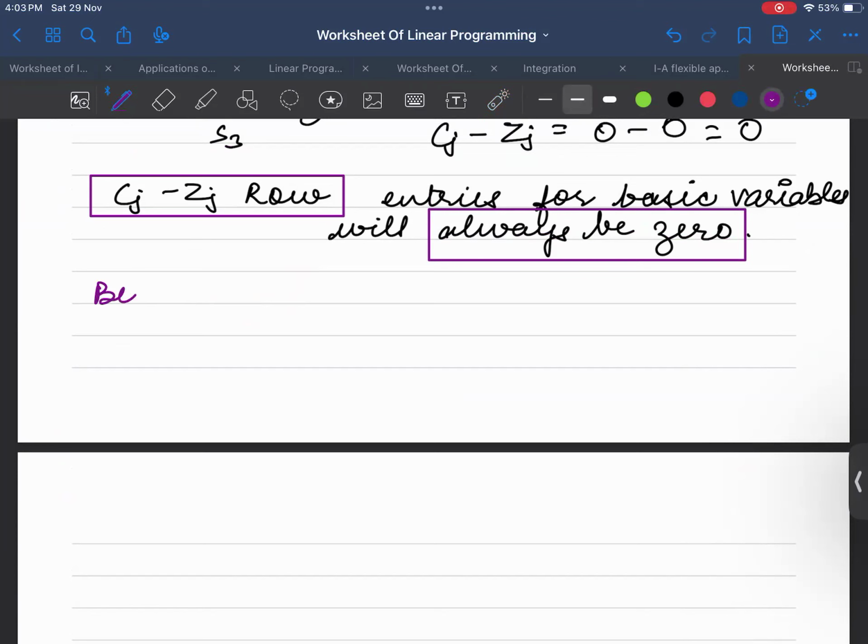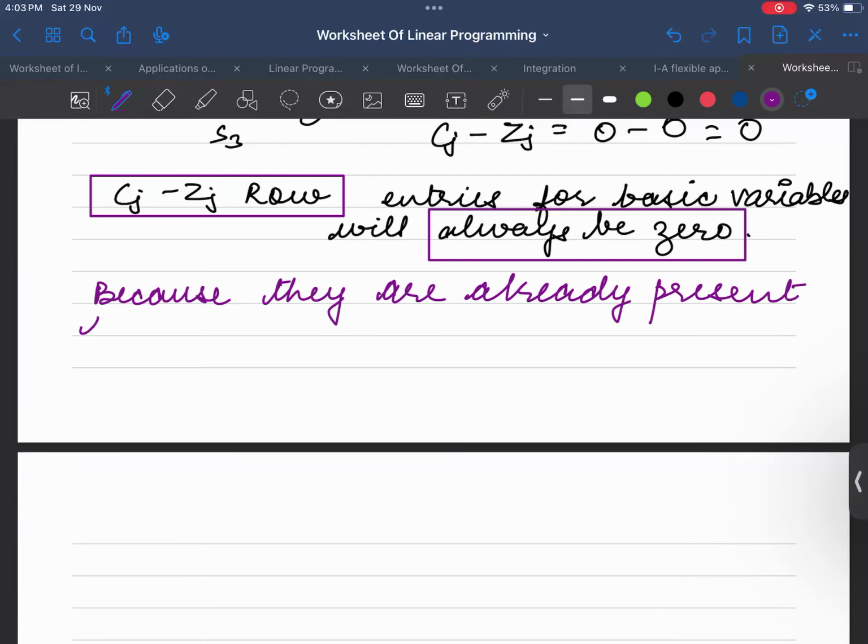Because they are already present in the solution. Simple thing.